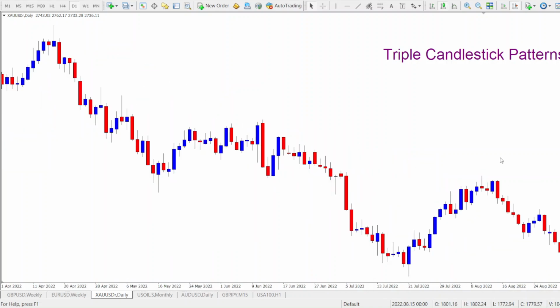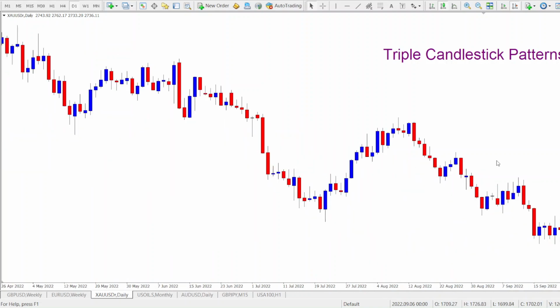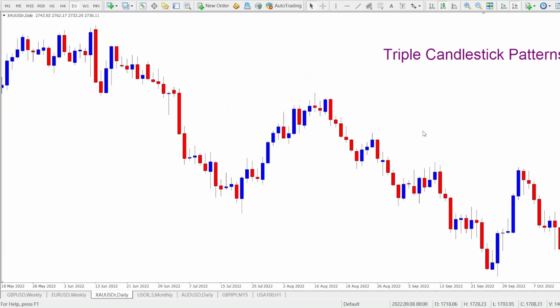This pattern suggests strong buy momentum and can indicate a potential reversal into an uptrend.